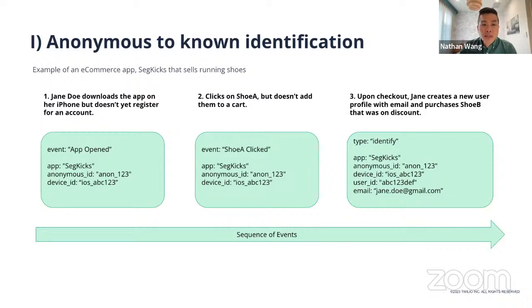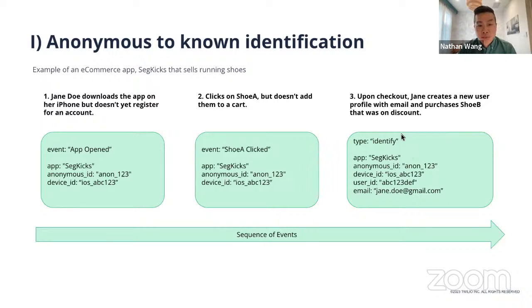Now, at the point of this account creation, you will see that Jane is now assigned a user ID of ABC123DEF, and the events of the purchase are sent through with an email. So what did we just see here? The original anonymous ID events can now be linked with logged in activity.